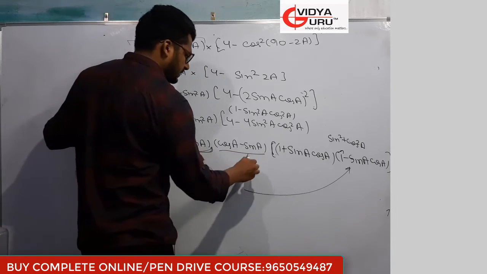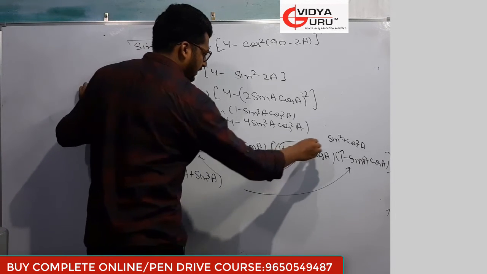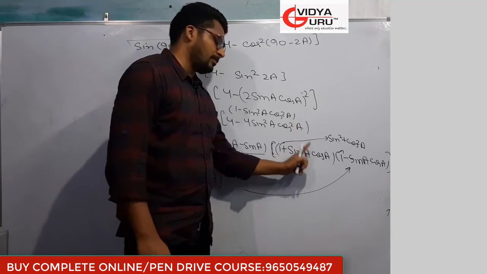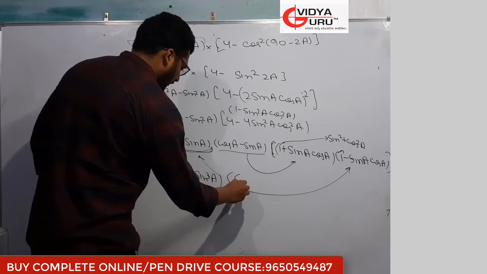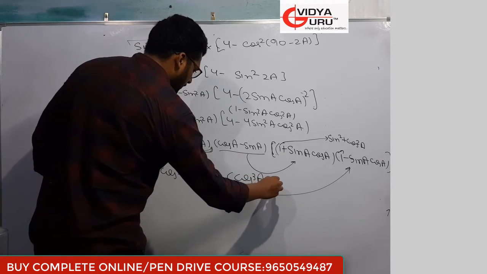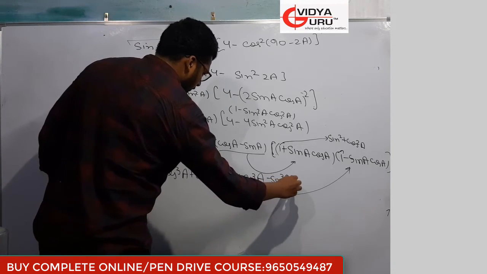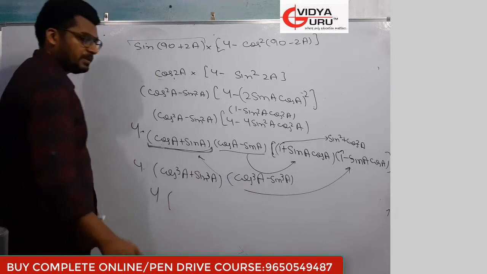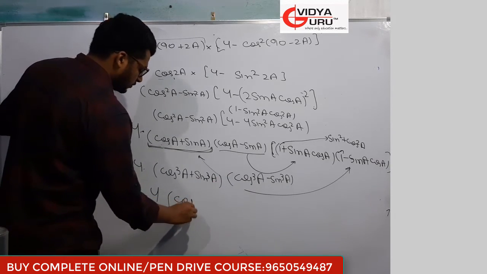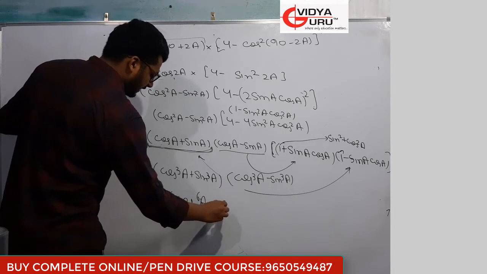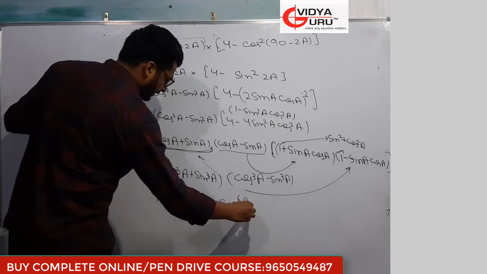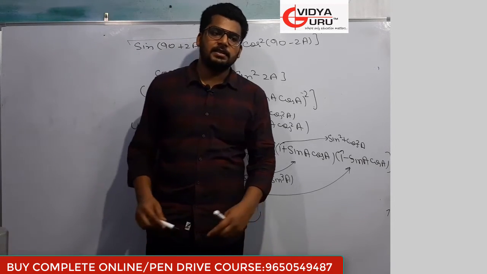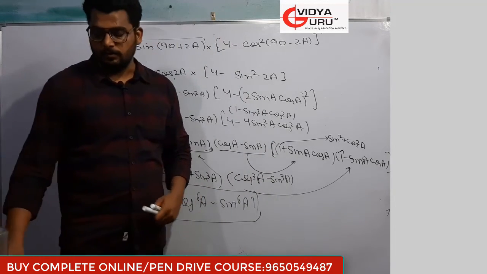Similarly, this and this, again one can be written as sin square a plus cos square a, giving (a minus b)(a square plus b square plus ab). This is the formula of a cube minus b cube. So 4 multiplied by (a plus b)(a minus b) will be a square minus b square, so cos 6a minus sin 6a. 4 (cos 6a minus sin 6a) is the correct answer of this question, which is option number D.